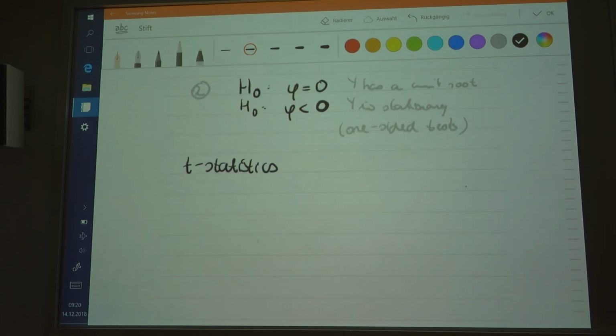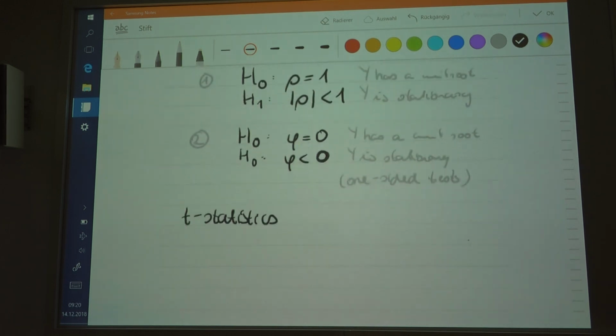So for the first model, the t-statistic of the coefficient rho is going to be as follows. You take the empirical estimate, which you derive from the least squares regression, you subtract 1, and then you divide this by the standard error.